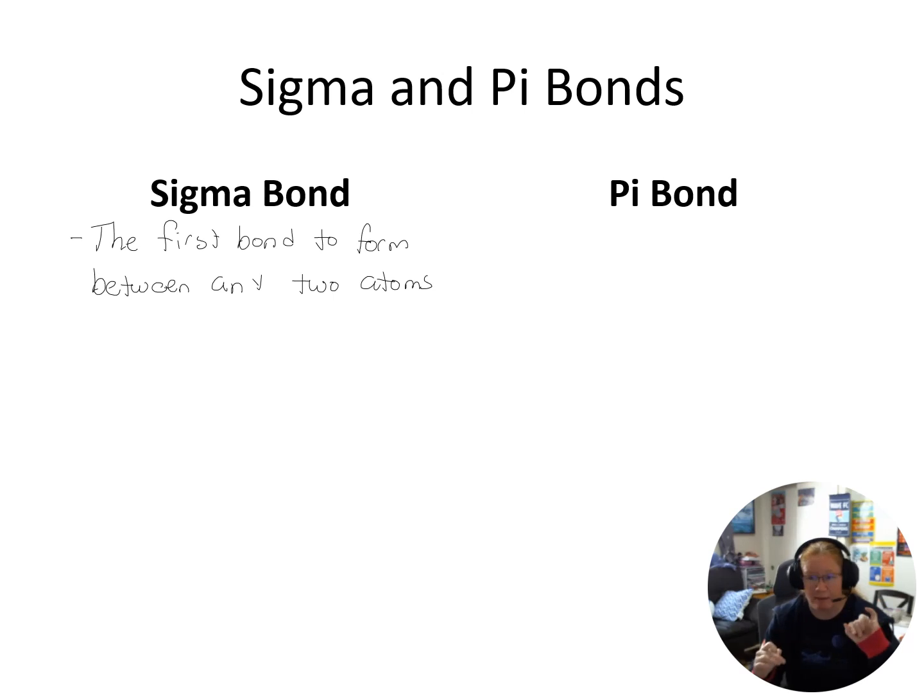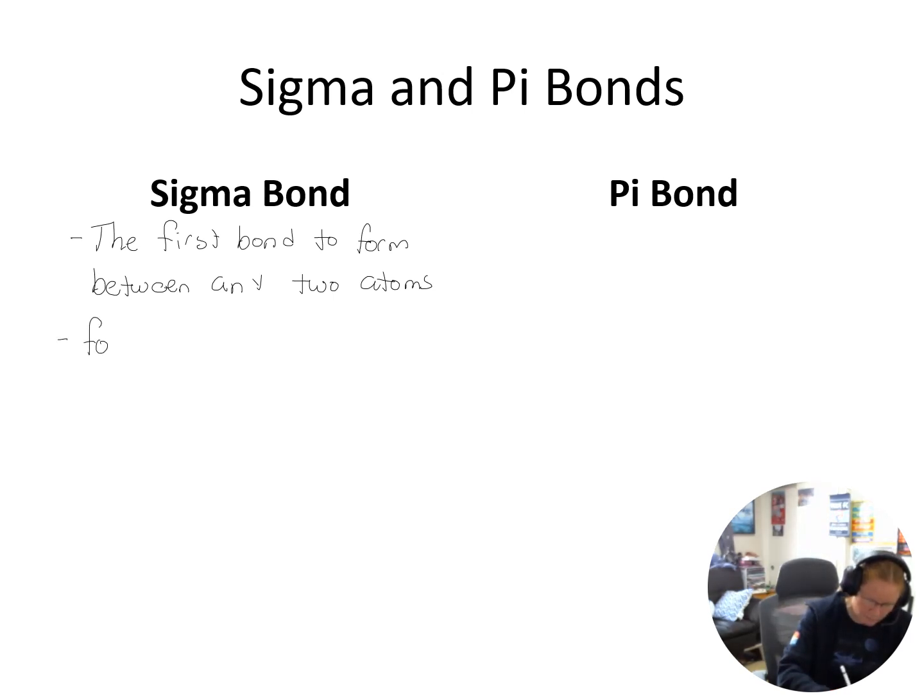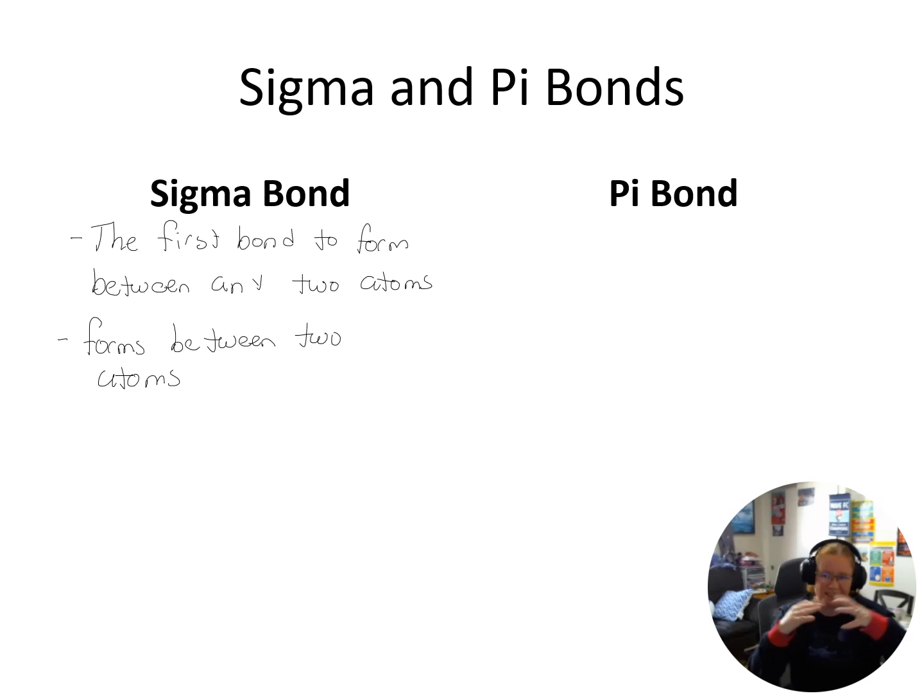The sigma bonds are the original linkages that occur between 2 atoms. What we're looking at is this original side-to-side overlap of the orbitals. You've got one atom and another atom, and as they get closer together, their orbitals begin to overlap, and it's this original overlap of these orbitals that forms the sigma bonds.